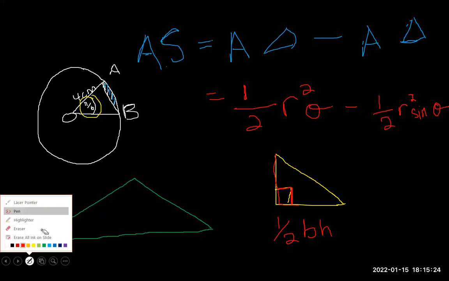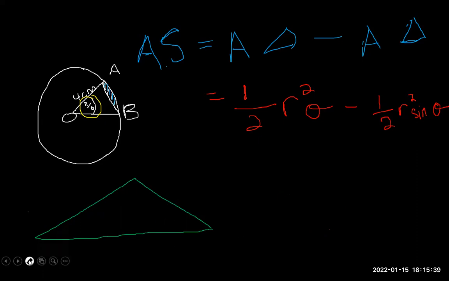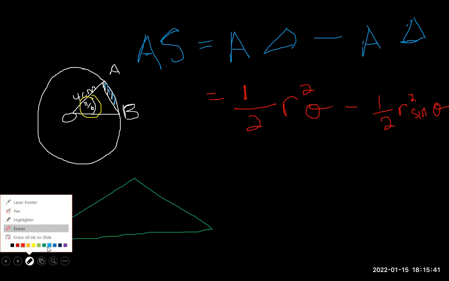But does anybody know the formula when it's not a right angle triangle? How to find the area? If you didn't learn it yet, you would learn this eventually in regular math because you need to know it for your exam. Anybody going once? Going twice?